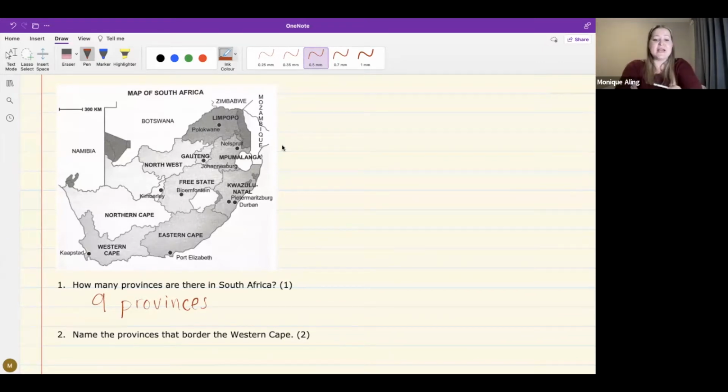Name the provinces that border the Western Cape. Who's got an answer for that? So if we look at the border of the Western Cape, which 2 provinces are right next to the Western Cape?